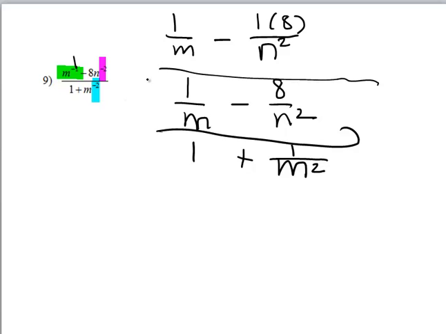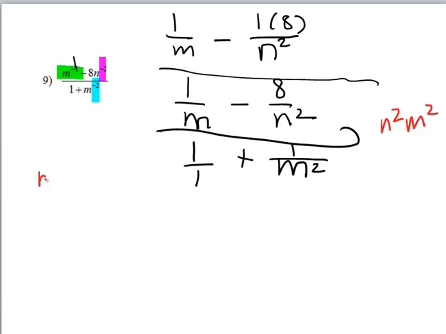So there, you'd like to say you were done, but you're really not. Because now we have to figure out what's our common denominator. And because of this particular setup, I'm going to pick the giant common denominator. So that would be n squared times m squared. And it's especially handy because these are all ones.